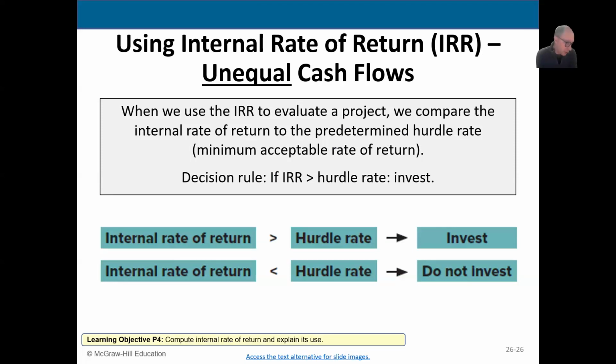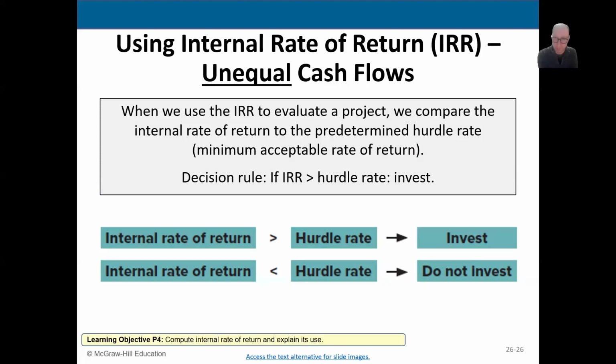So using IRR, internal rate of return, for unequal cash flows. When the internal rate of return is greater than the hurdle rate, remember the hurdle rate is the accounting rate of return, we invest.